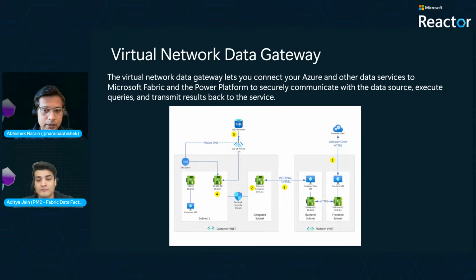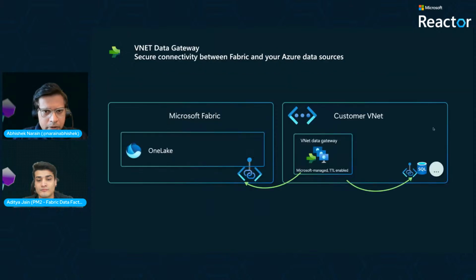Then on top of that, let's talk about the functionalities, what you can achieve with that. You know that Microsoft Fabric has a private link capability as well. It's at the tenant level as of now, but you can enable that, and that basically protects all the data that you have in OneLake.